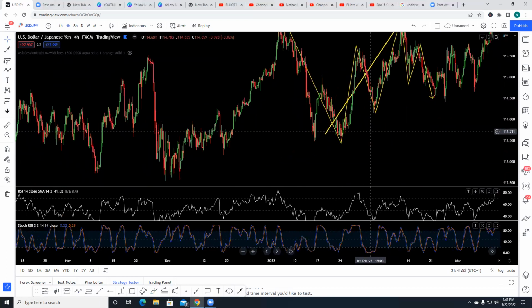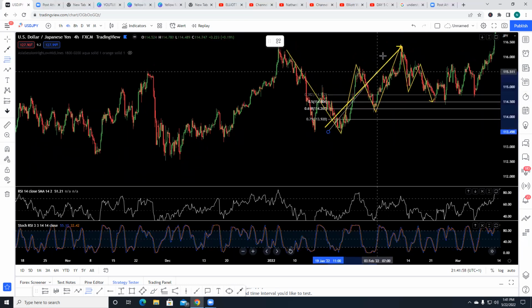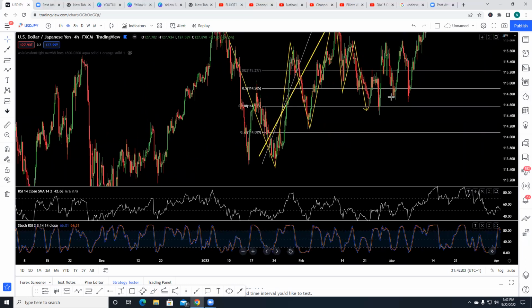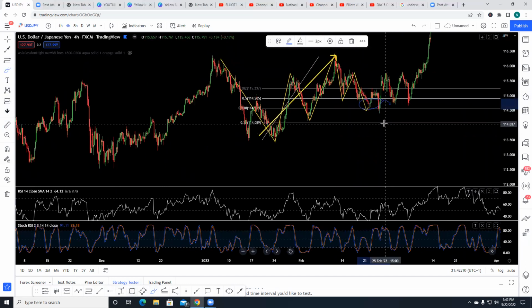So you now take a fib of these three waves to the upside. You take the fib. Where is this, guys? This is 50 to 61.8. This is where we are expected to buy another three waves to the upside.